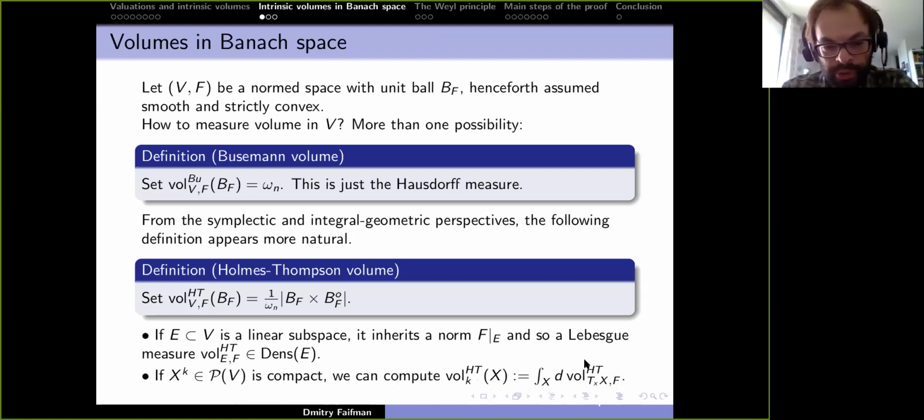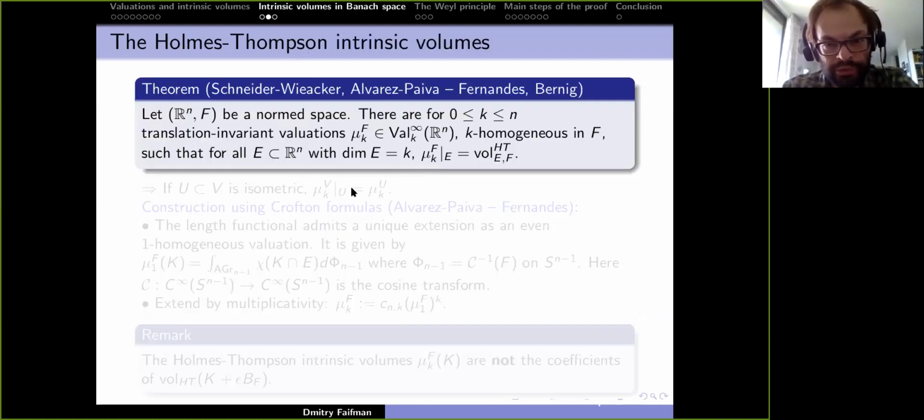A trivial remark. And the natural question to ask is, can we extend it into a valuation, something that can be applied to n-dimensional convex sets, for example? Yes, the answer is yes, specifically for the Holmes-Thompson volume.